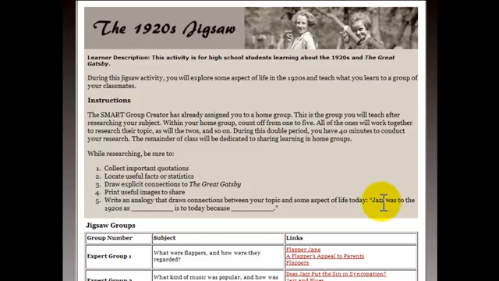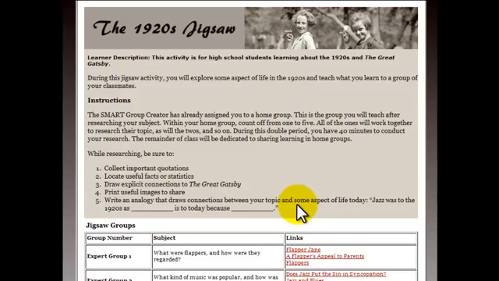As students are generating their own learning, this kind of activity is grounded in a learning theory called social constructivism. Additionally, this jigsaw promotes higher-order thinking by asking students to complete analogies that draw connections between their topic and some aspect of life today.